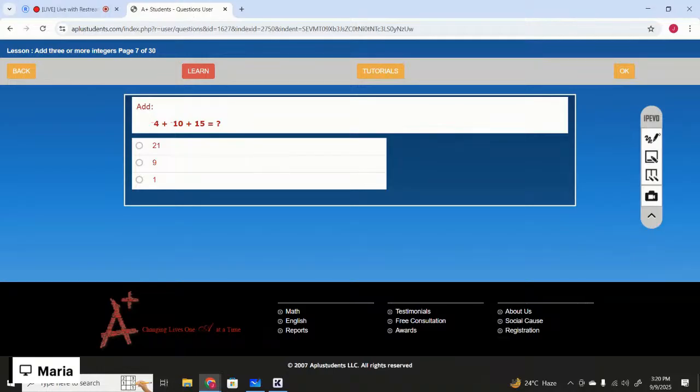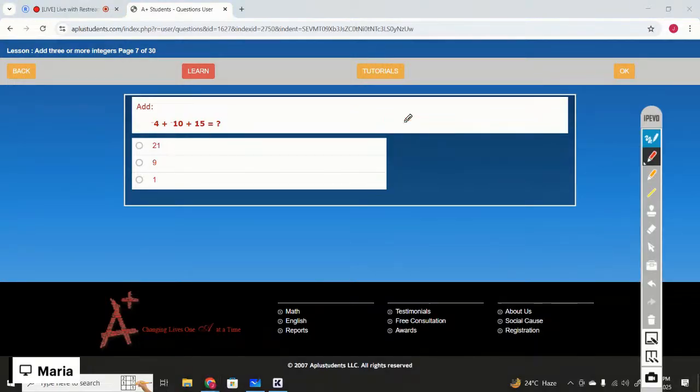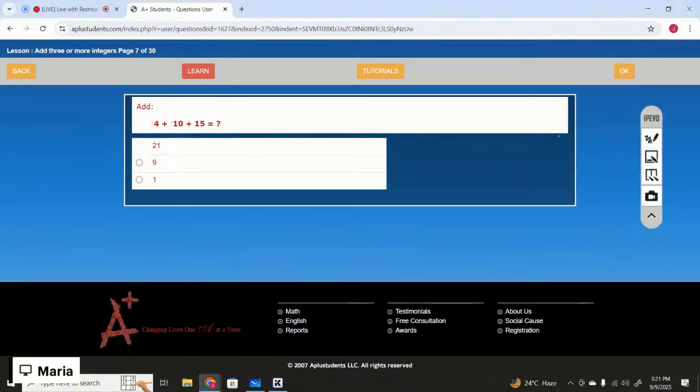Ten plus 15 is 25. 25 minus 4 is that is 21. Option number 1 is the correct option.